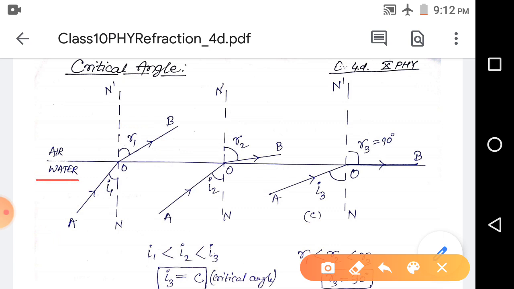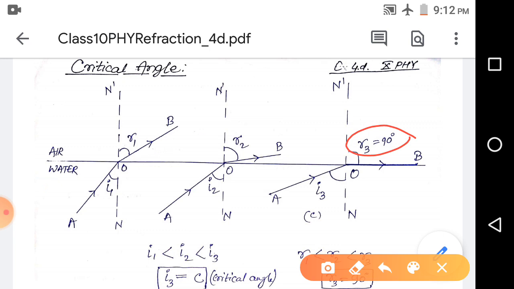Okay, if we are incidenting the light from a medium with greater refractive index, then the deviation will be greater. So there will be a most possible situation to refract with an angle of 90 degree, R3 equal to 90 degree, when we take a lesser critical angle.